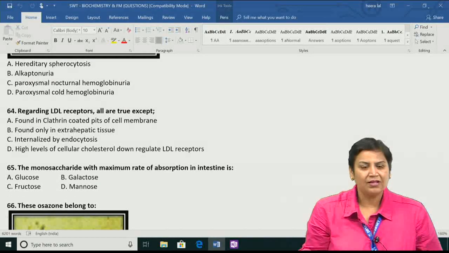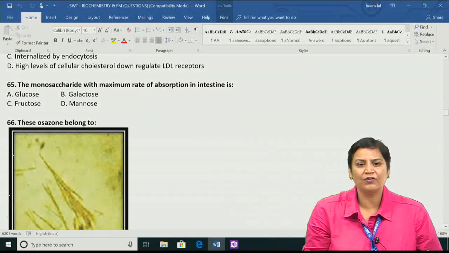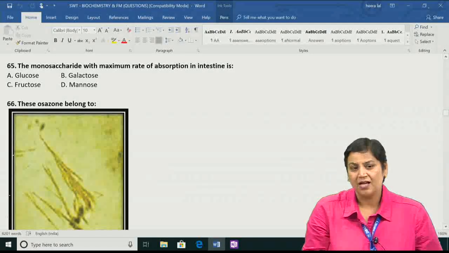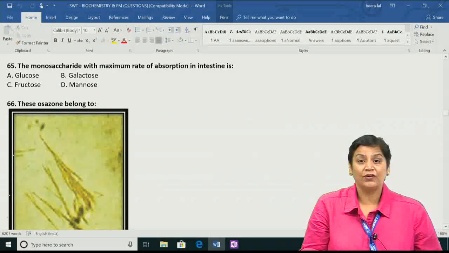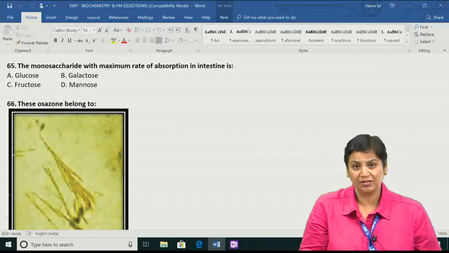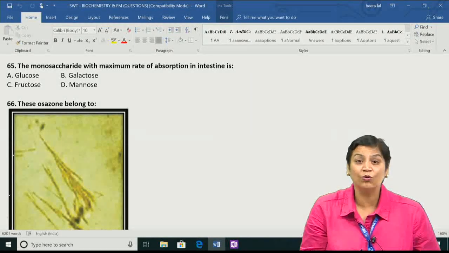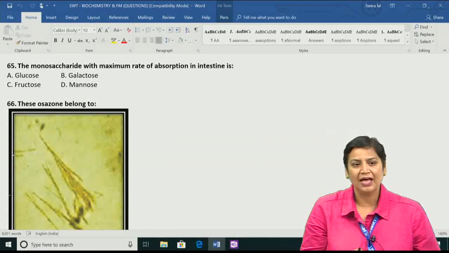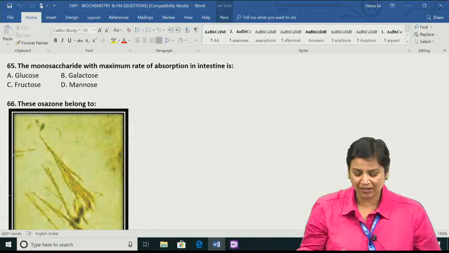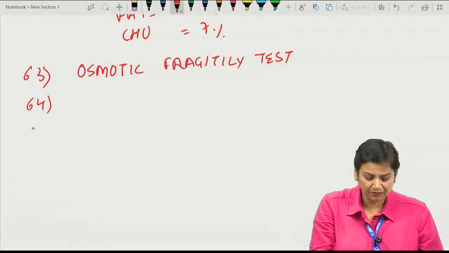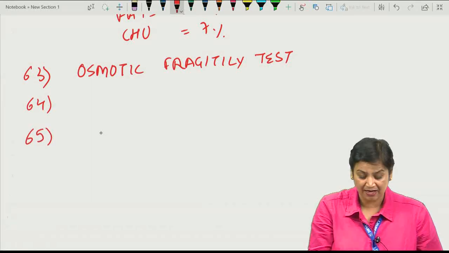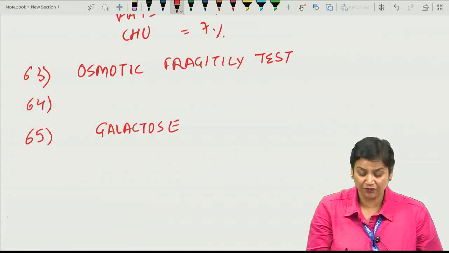Question number 65, the monosaccharide with maximum rate of absorption in intestine is. Now if we compare the rate of absorption of glucose, galactose, fructose and mannose, galactose is 100 times more effectively absorbed than glucose. So obviously maximum rate of absorption is galactose, and once it enters inside the cell, it is phosphorylated in the presence of the enzyme galactokinase.